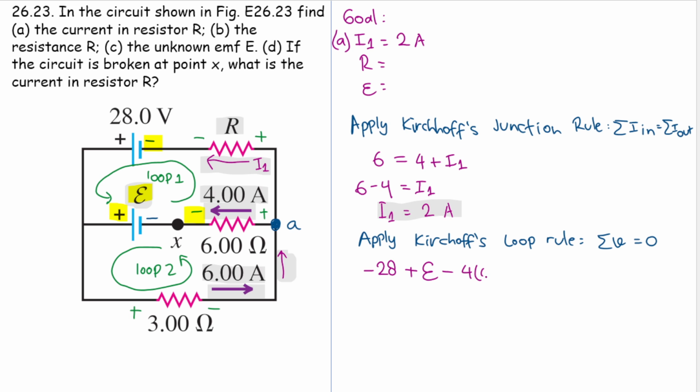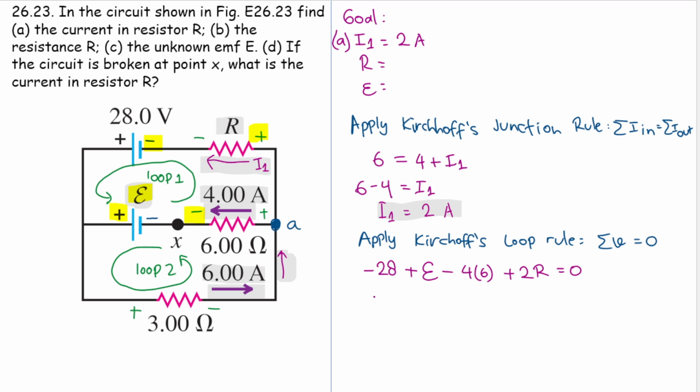Now let's move on to the last resistor here, and it enters from the positive terminal, so we'll have a plus sign. The value of I1 we know, right? We have 2 amperes, so I will have 2 multiplied by the resistance R. R is unknown, and all of that will equal 0.